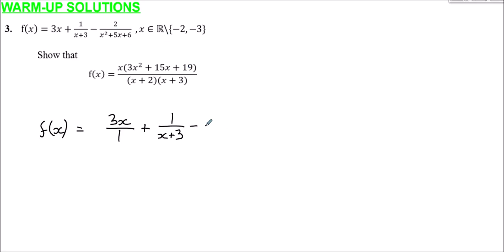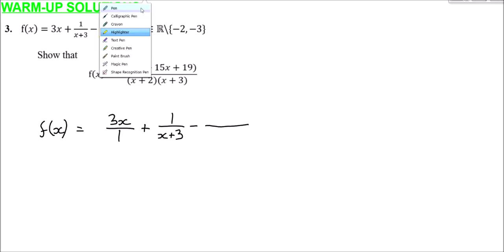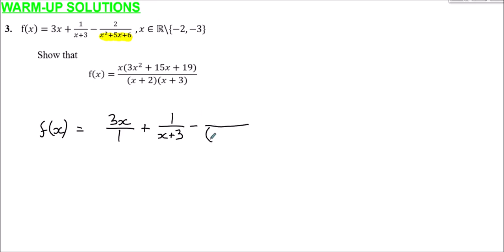So here, I'm just going to write what we've got here in its factorised form. I'm going to write that as x plus 2, x plus 3. So, once again, we need a common denominator. So, this middle fraction has got x plus 3 in it, but it's missing the x plus 2.